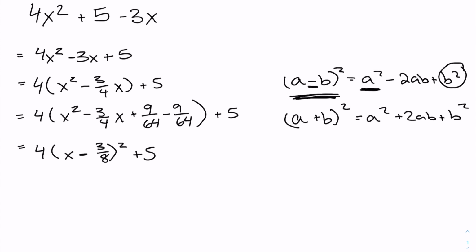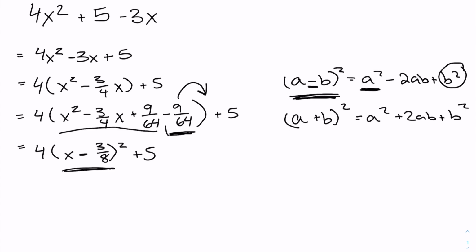And we have to include our plus 5. So the only problem here is that we didn't do anything about this negative 9/64. So for this line here to equal this line here, we need to take it outside of the bracket. And the reason we need to do that is because we already converted this into its factored form.